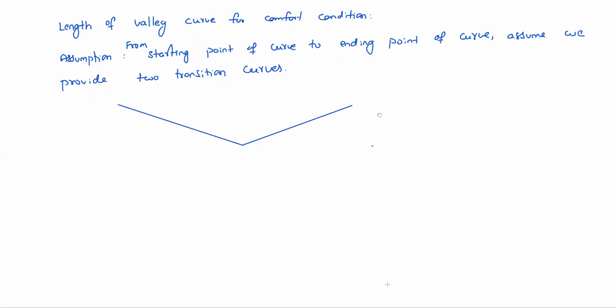So the curve is like this, and the gradients are like that. See, this is one transition curve, and again this is another transition curve. So this is the assumption here, we are assuming these two are transition curves.